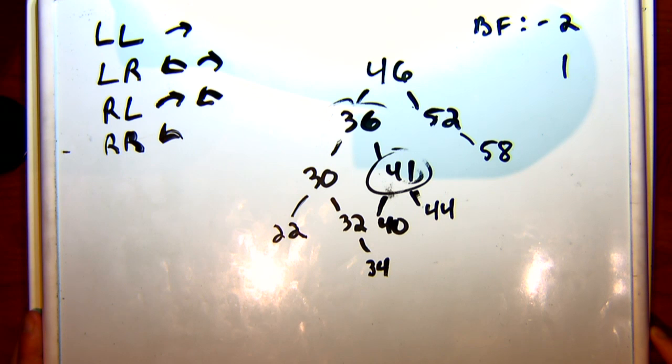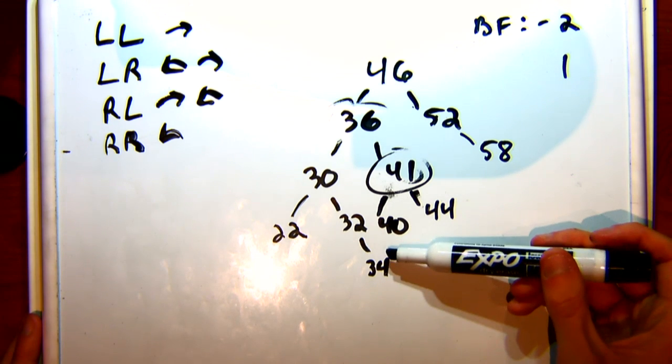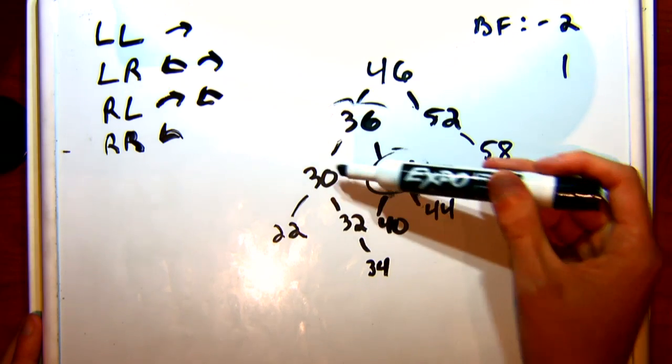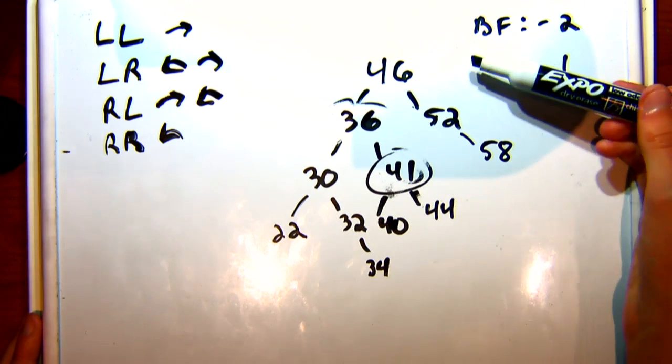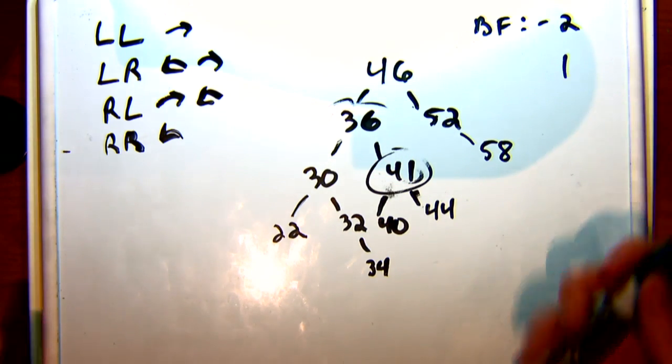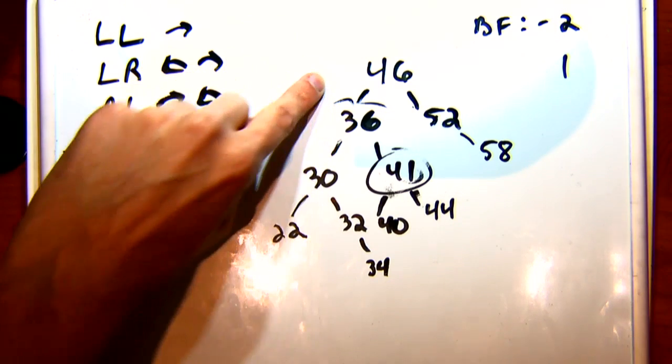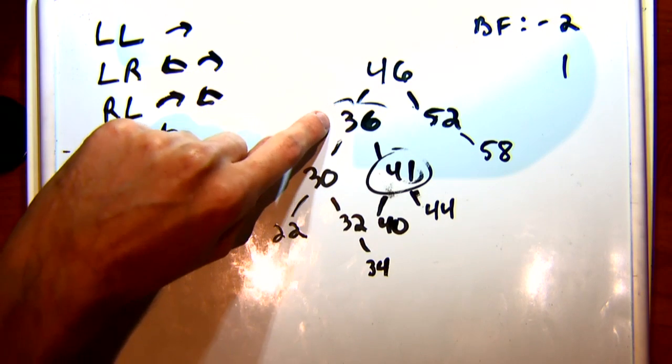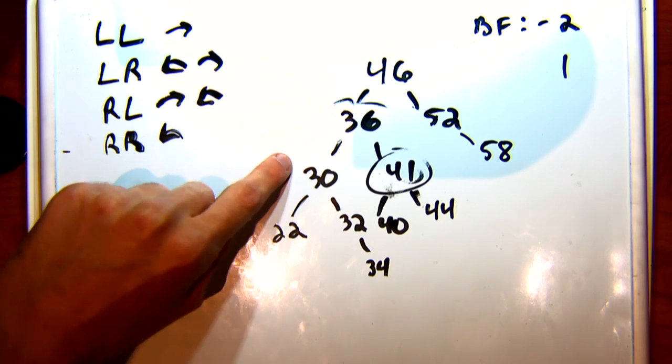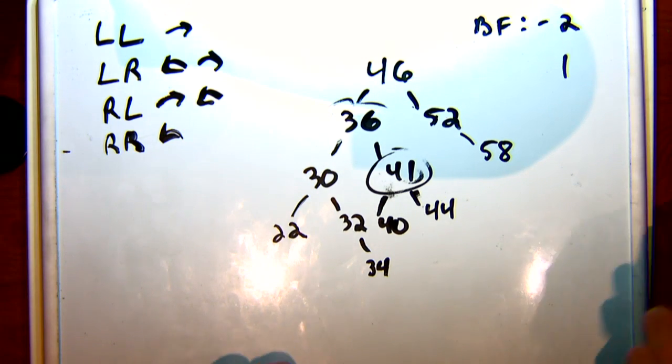This one's a little bit more difficult to see, so I don't blame any of you. If we calculate the balance factor all the way up, what we would see is the balance factor of 32 is fine, 30 is fine, 36 is fine, but once we get up to 46, we're going to look at the left, and the maximum height on the left is going to be 1, 2, 3, 4.